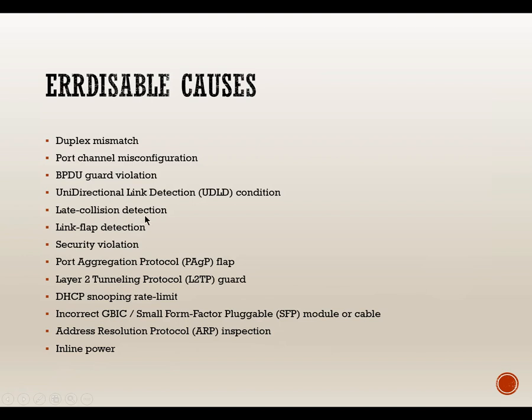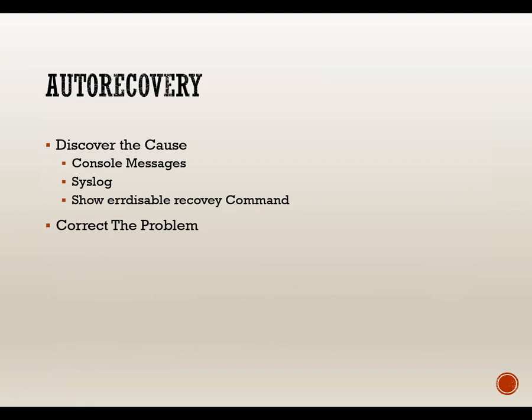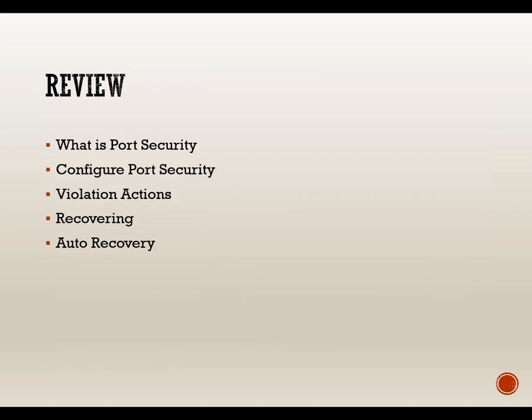And then when we do the auto recovery, we discover the cause using console messages, syslog, the show errdisable recovery command, and then we can correct the problem. It will automatically recover from the problems that we specified in the times that we specified.